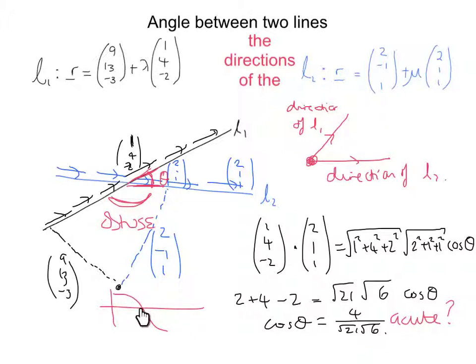So the cosine will always be positive, and this cosine is positive, so this angle is going to come out to be acute. If I'd accidentally found this one, the obtuse angle, that would be something between 90 and 180, so the cosine would come out negative, and I would be able to just see that it was negative. And by getting rid of the negative sign, and then doing the inverse cosine, I'd get the acute angle.